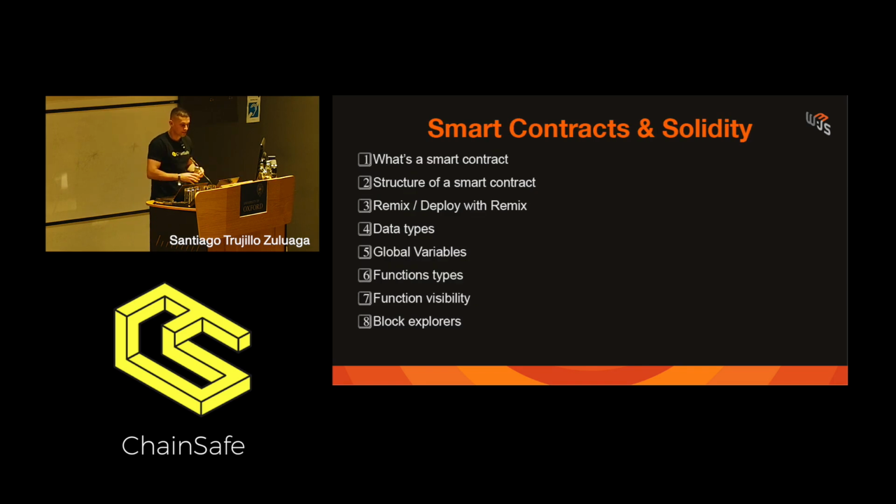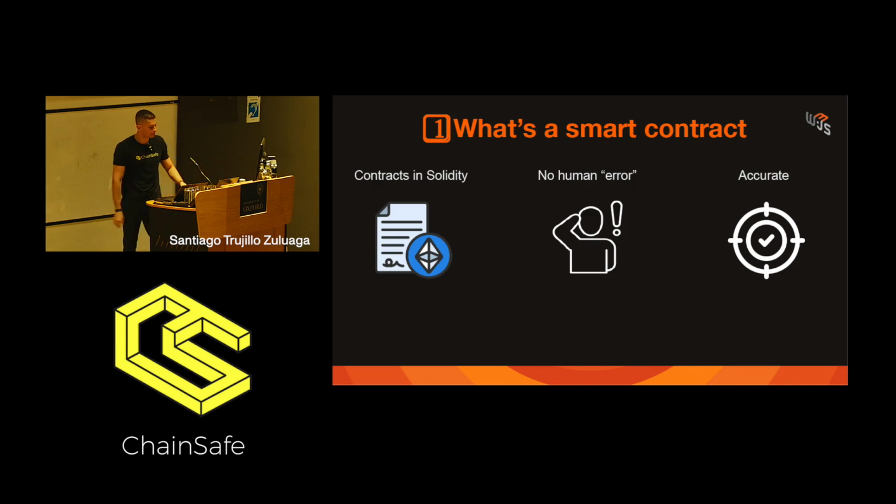Okay, so now this is what we are going to talk about: smart contracts and Solidity. Let's start with what a smart contract is. This is literally a contract that is on the blockchain. You need Solidity to write these smart contracts. I'll say that there is no human error in smart contracts as long as you code something good.